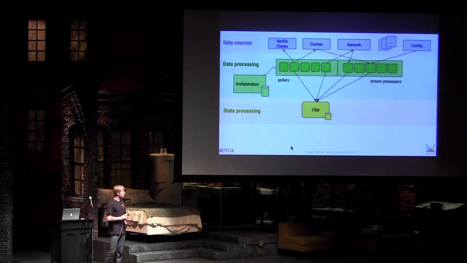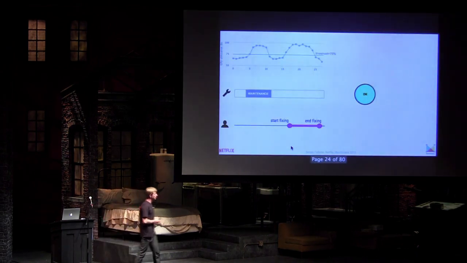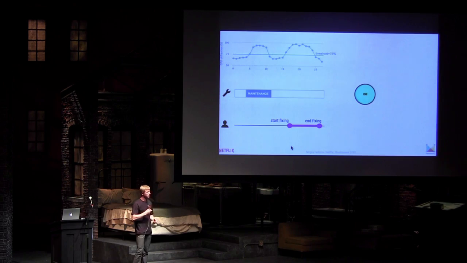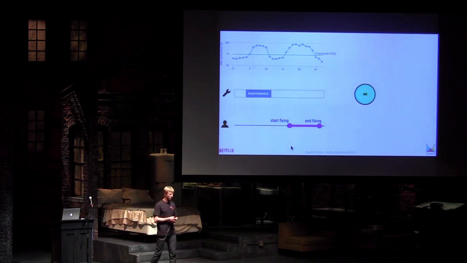I'm going to go through a simplified example trying to explain how it works. So let's take the same CPU utilization example. We have 3 players, 3 processors. One of them receives the metric for CPU utilization, and it has a static threshold set up. Another processor receives data from the configuration service and takes care of things like maintenance windows.